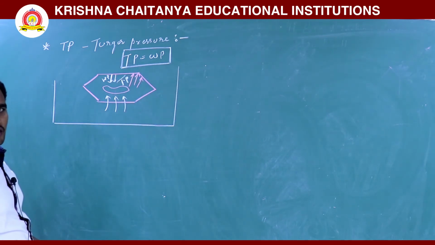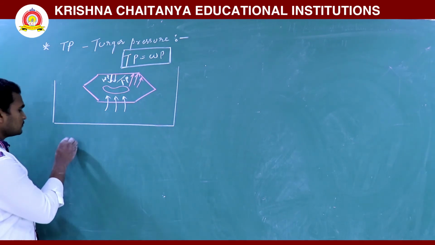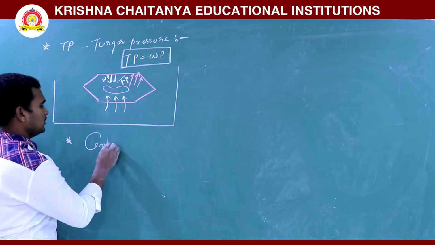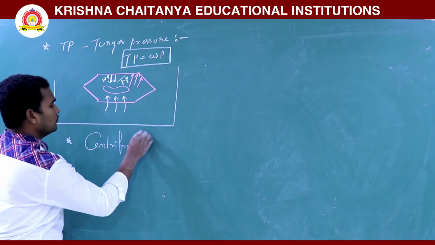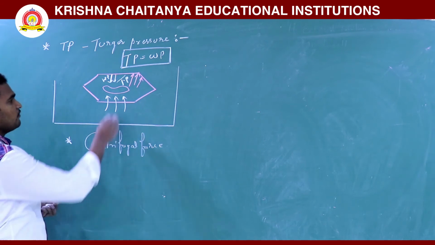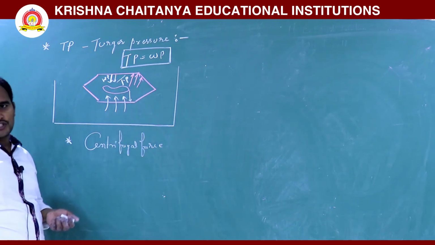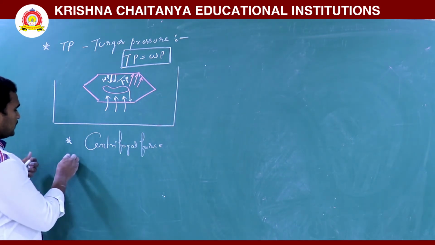Generally this Turgor pressure is a centrifugal force. Centrifugal force means the force is applied from the center to the periphery. That is called Turgor pressure.